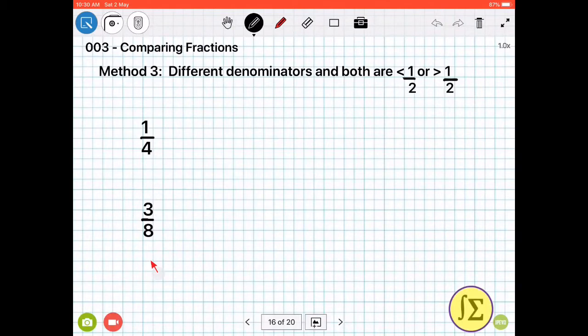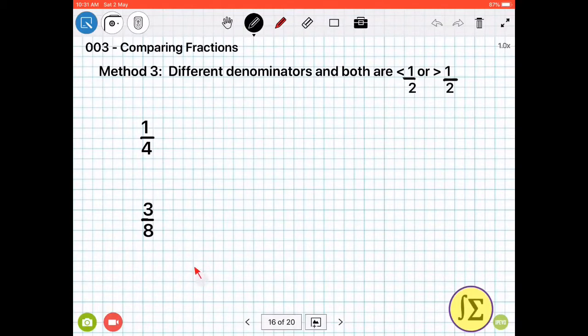This has got to do with equivalent fractions, which we learned in lesson number 2, or lesson 002. Looking at these two fractions, this has got 8, and this one, the denominator is 4. So there is a relationship between 4 and 8. We know 4 multiplied by 2 is 8, right?